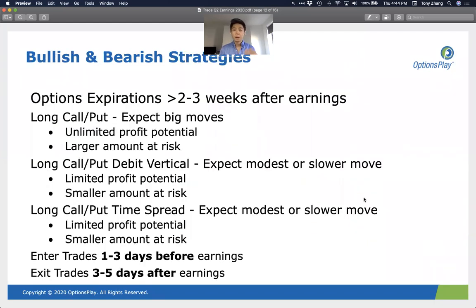So now that we talked about theory, and how option prices are affected around earnings, and helped you quantify that a little bit, let's talk about some of the strategies, meaning what strategies you should actually deploy when trading earnings.